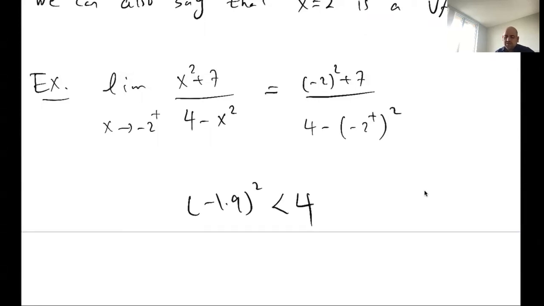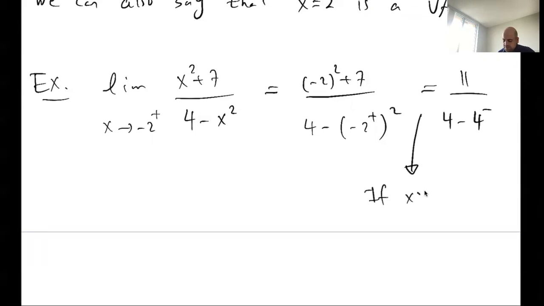Because power 2 will kill the minus sign, and 1.9 to power 2 is a number a little bit less than 4. So this one will be 11 over 4 plus 7, 11, over 4 minus here.